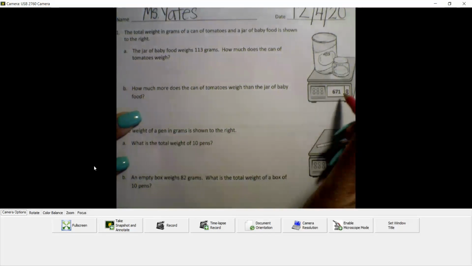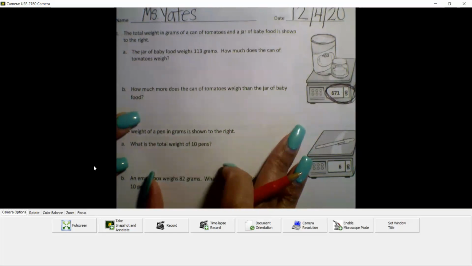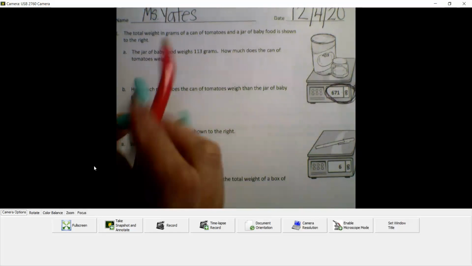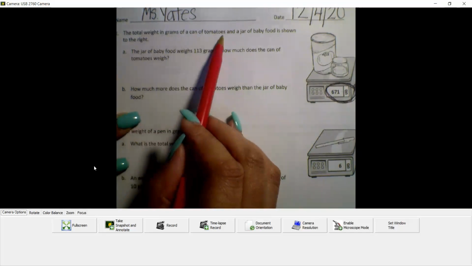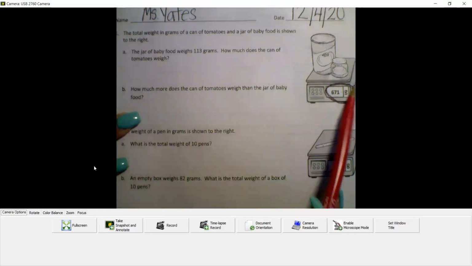So here's the right, here's the weight. Go ahead and circle that on your paper too. Here it is. Please make sure you circle it.